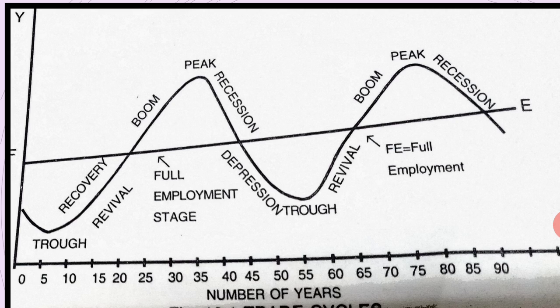When it reaches peak, again recession starts, again depression, again revival starts, boom, peak, recession. It means the phases recur again and they are related to each other. Go through this picture, it is very interesting. In this, trade cycle occurs just like waves in that particular economy.